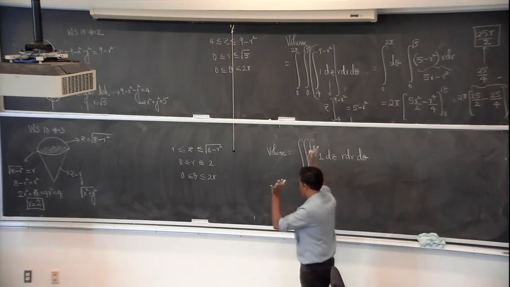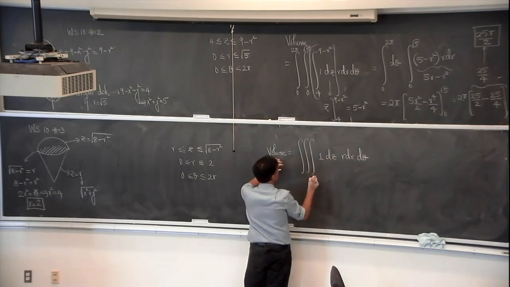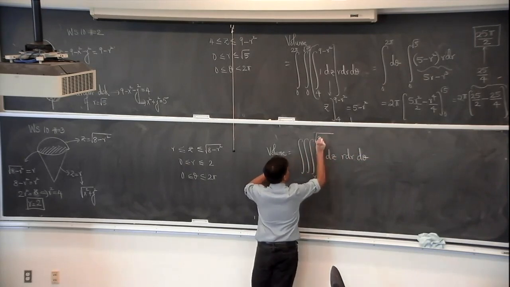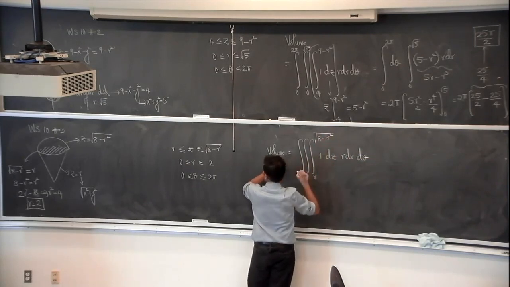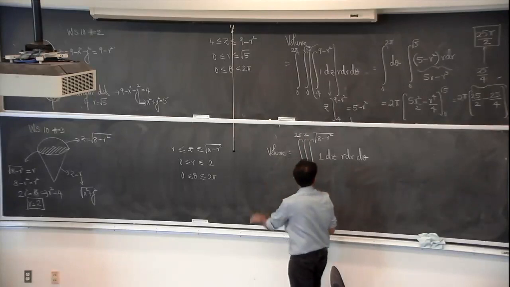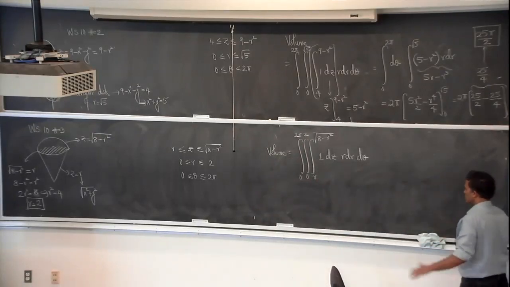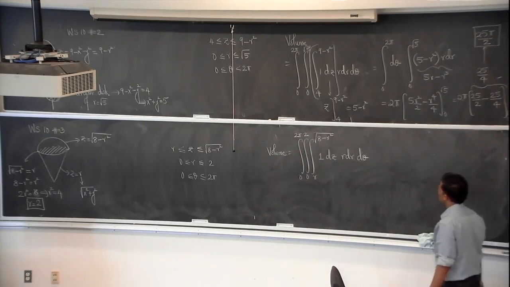In other problems maybe it's just a computational thing. Here it's a nightmare. So this is r, square root of 8 minus r square, 0 to 2, 0 to 2 pi. Let's do this carefully because it's a little tricky to do this.